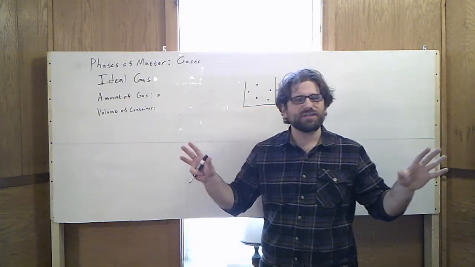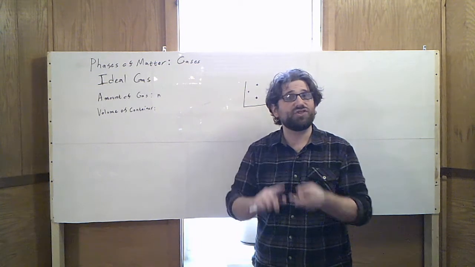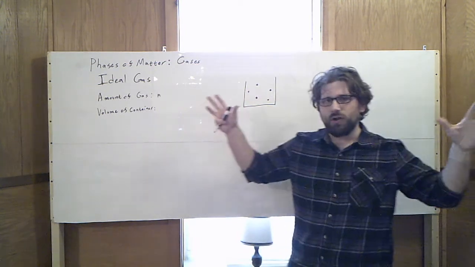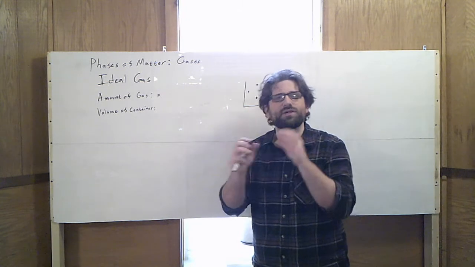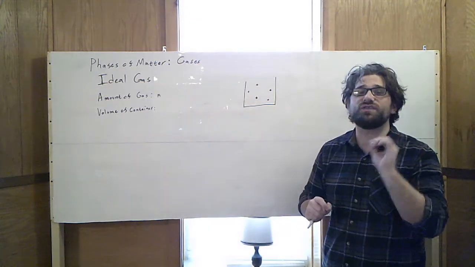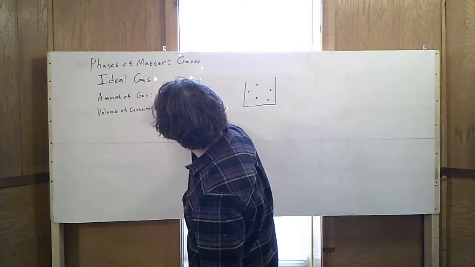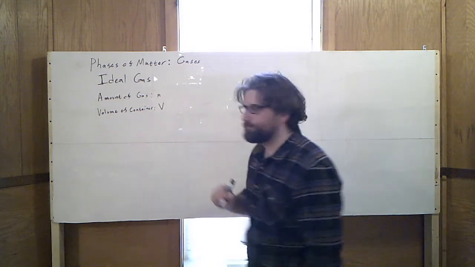Doesn't matter which gas I'm dealing with, whether it's chlorine, oxygen, hydrogen, anything. If it's a gas and I take all of it and shove it into a smaller container, it's going to affect the properties in a very similar way. So we've got volume of that gas, and we're going to represent that with a capital V.